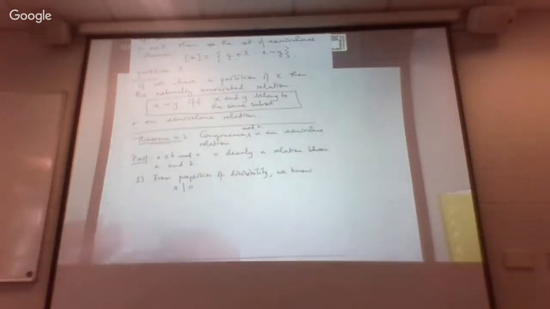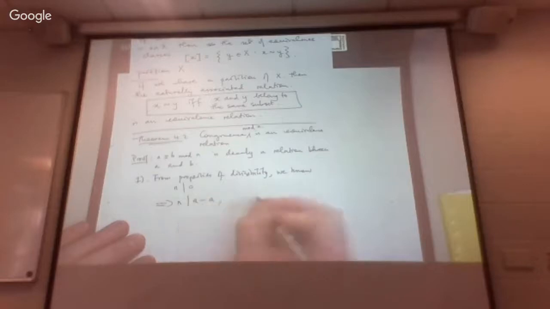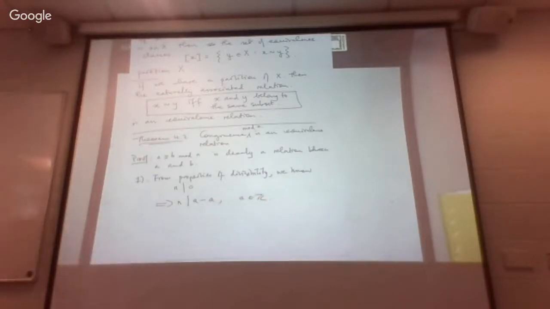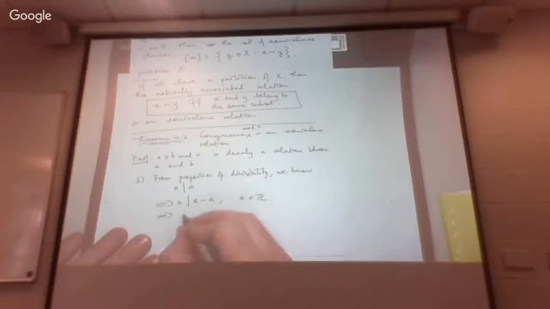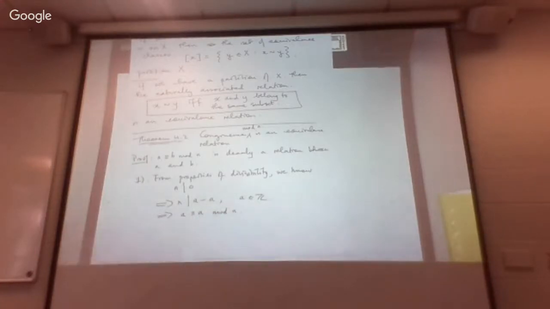But in that case, we also know that n divides the difference a minus a for any integer a. You can express 0 as a minus a, but if n divides the difference a minus a, well, that's just the definition of a being congruent to a mod n. So congruence is reflexive. Everything is congruent to itself.